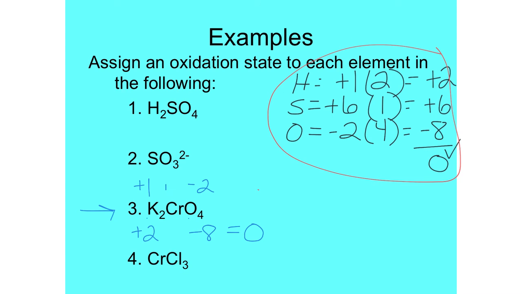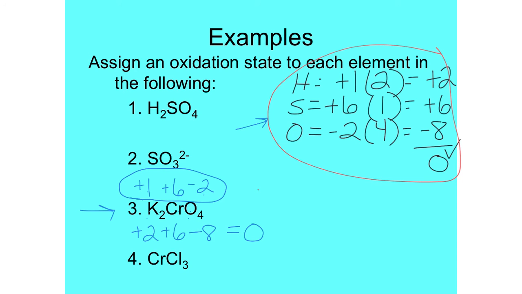So therefore, Cr needs to be +6. And that is a possibility for Cr, so that's a great sign. And these would be my answers here. K would be +1, Cr would be +6, O would be -2. Again, if you prefer to write it out like this, that's perfectly fine. Either way, we should get to the same answers.